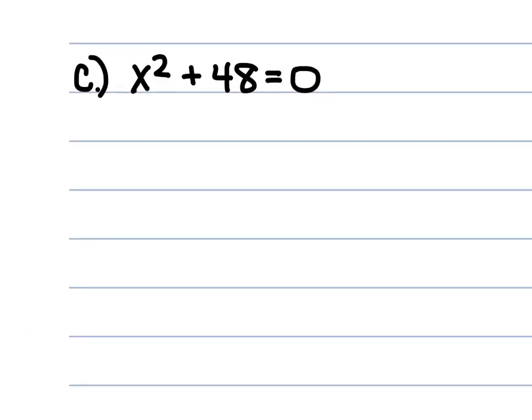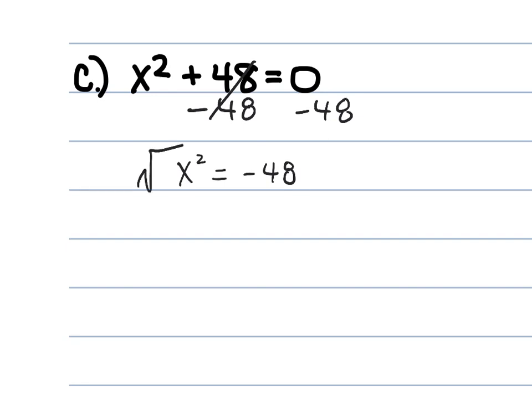All right, talk to me. Subtract 48. Subtract 48, and we get x squared is equal to -48. Square root of both sides, and we get x is equal to plus or minus the square root of -48.